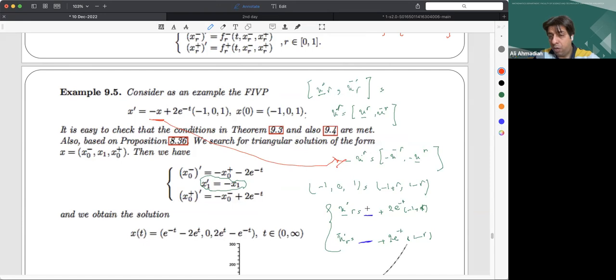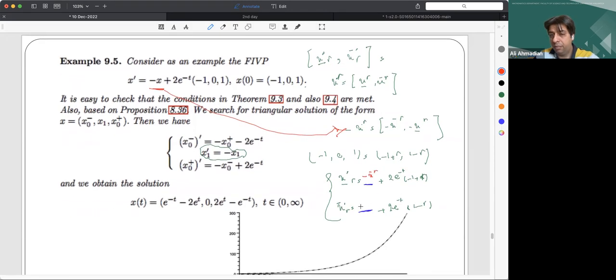If I want to write, I should write minus x upper r minus x lower. These are the two equations, ODE, to make our system. Then we should start to solve it.